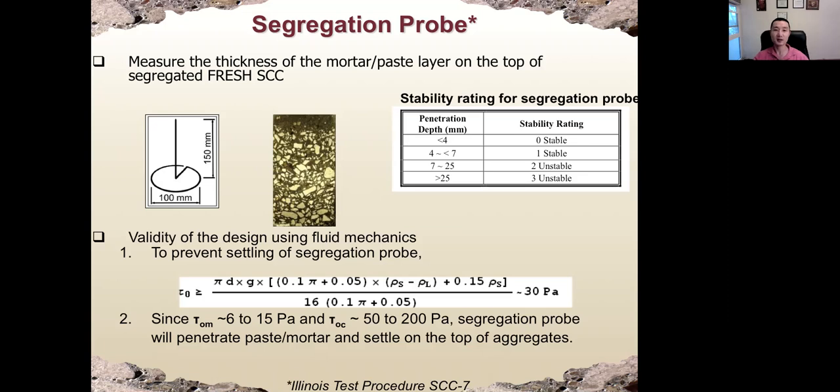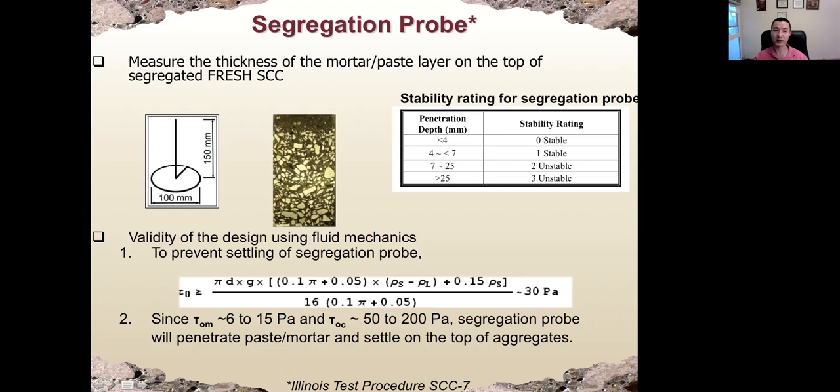So this is the simple probe made of steel wire. The total weight of the steel wire is around 28 grams, I remember. It's a certain size. What we do is cast the concrete into a 6-inch by 12-inch cylinder.